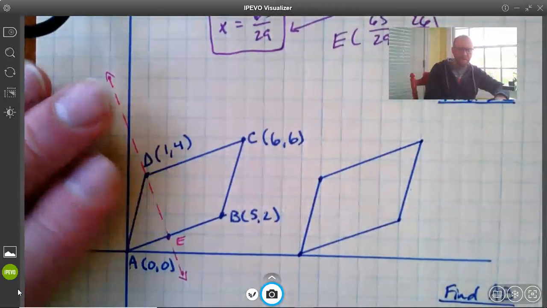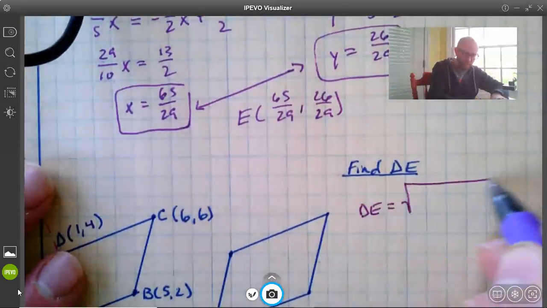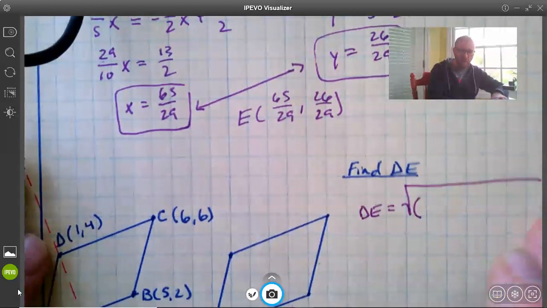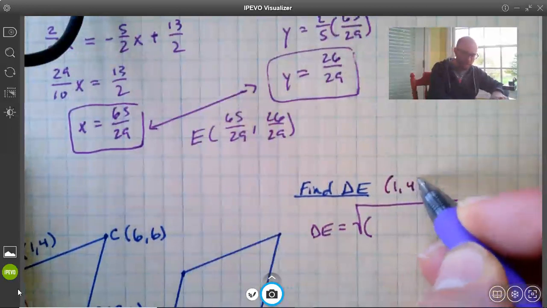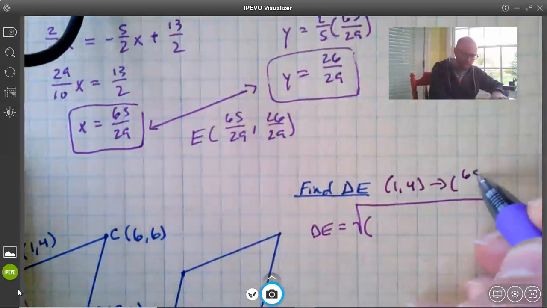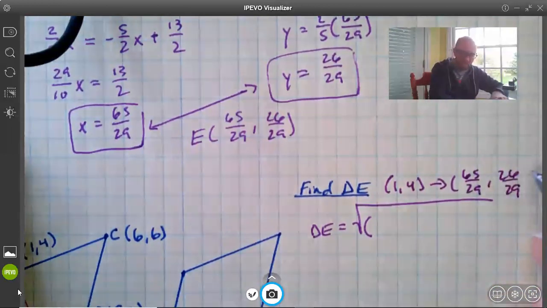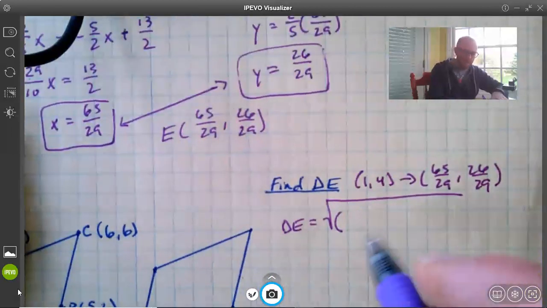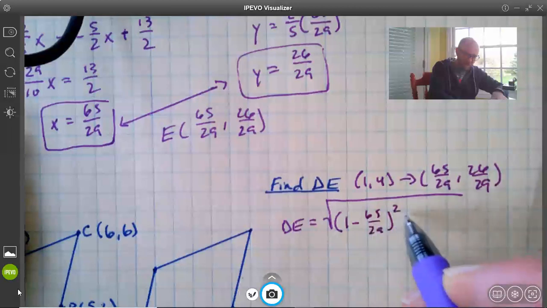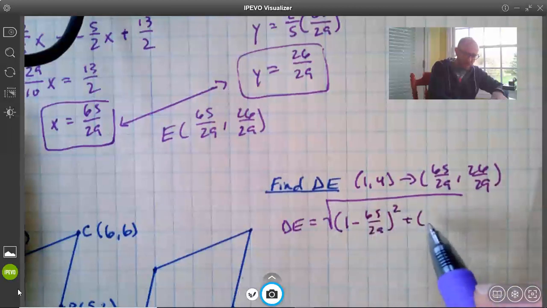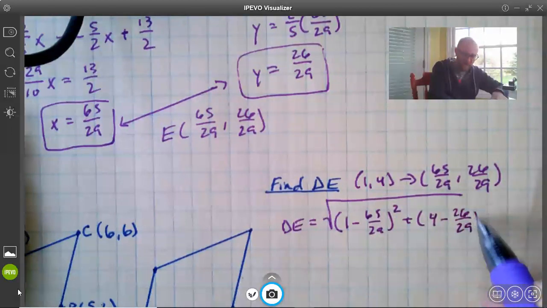Now we're going to find the length DE. DE is equal to, we'll use our distance formula, the distance from 1, 4 to 65 over 29, comma 26 over 29. So let's see, that's 1 minus 65 over 29, squared, plus 4 minus 26 over 29, squared.